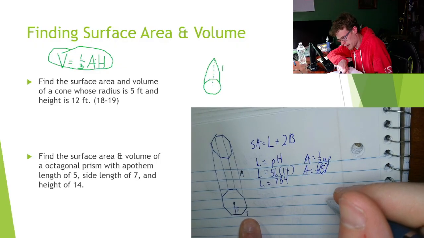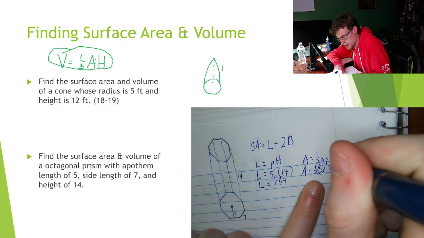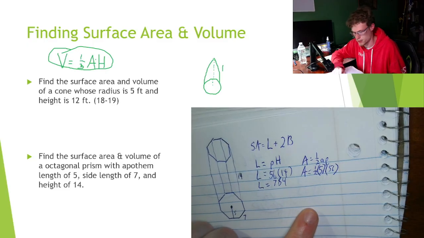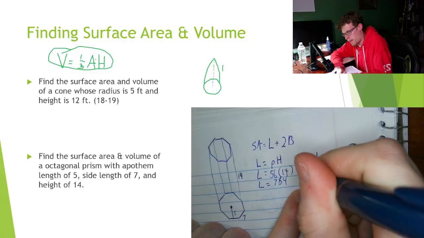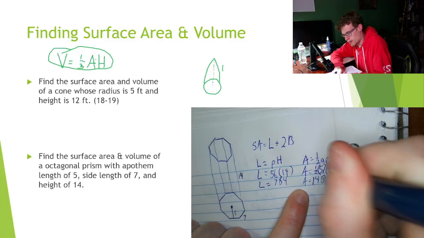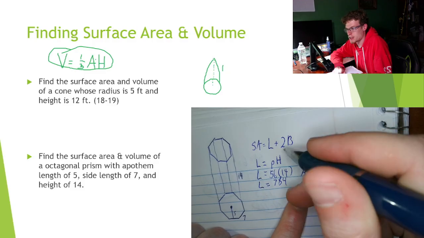And the perimeter is 7 times 8 again, which is 56. So, let's do 0.5 times 5 times 56. Gives me 140. So, this is the area of my base, B, and this is my lateral surface area, L.